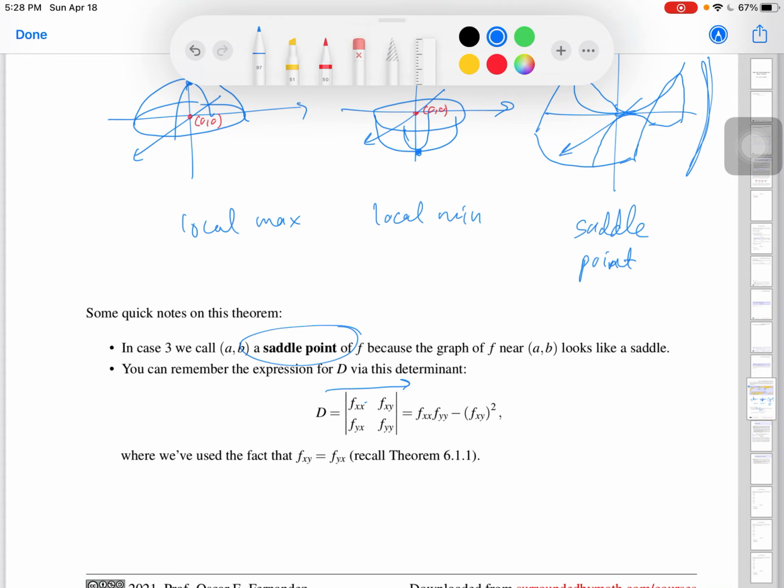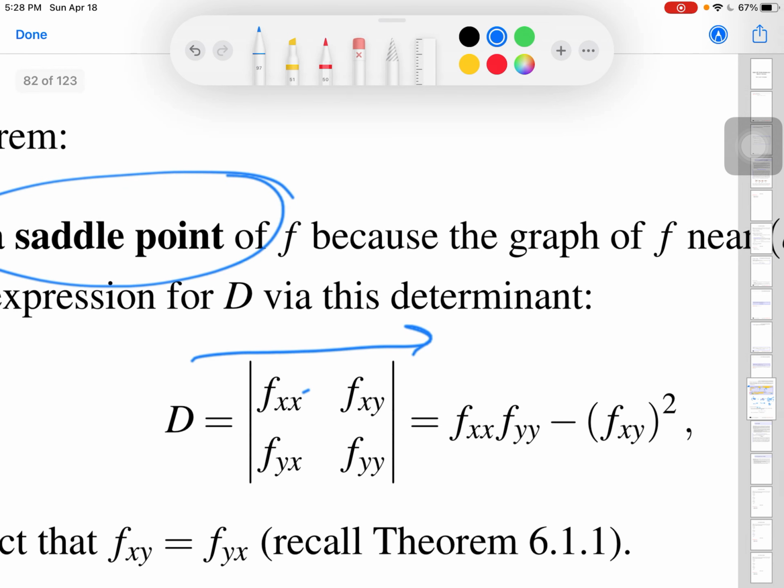The second row is derivatives whose first step of differentiation is with respect to y, and then the second time is x and then y. So this is the f_x row, and this is the f_y row, and then you take the determinant of this.